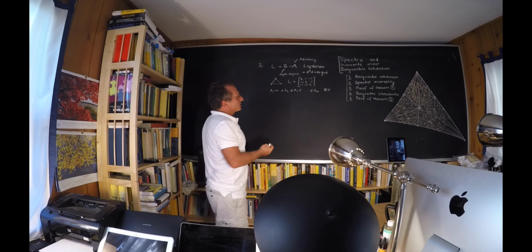And what Lidskii showed is that this is smaller or equal than the sum j equal to 1 to n of the absolute value of gamma j. Beautiful theorem.